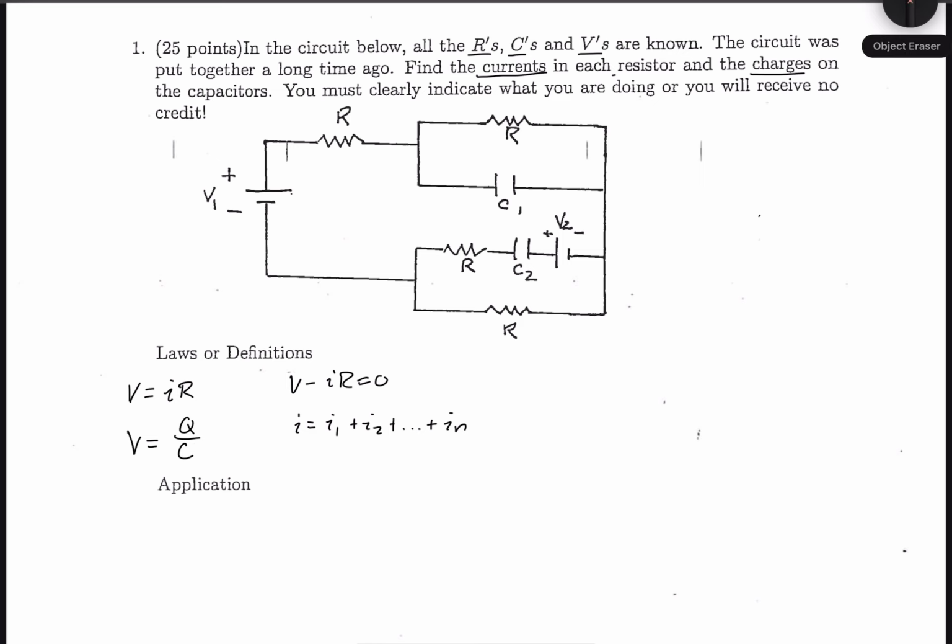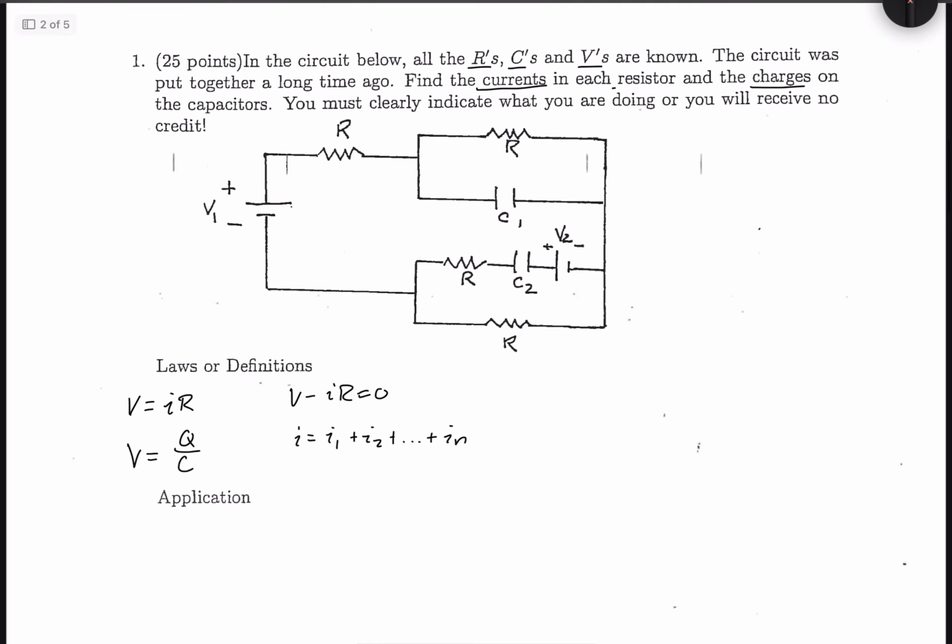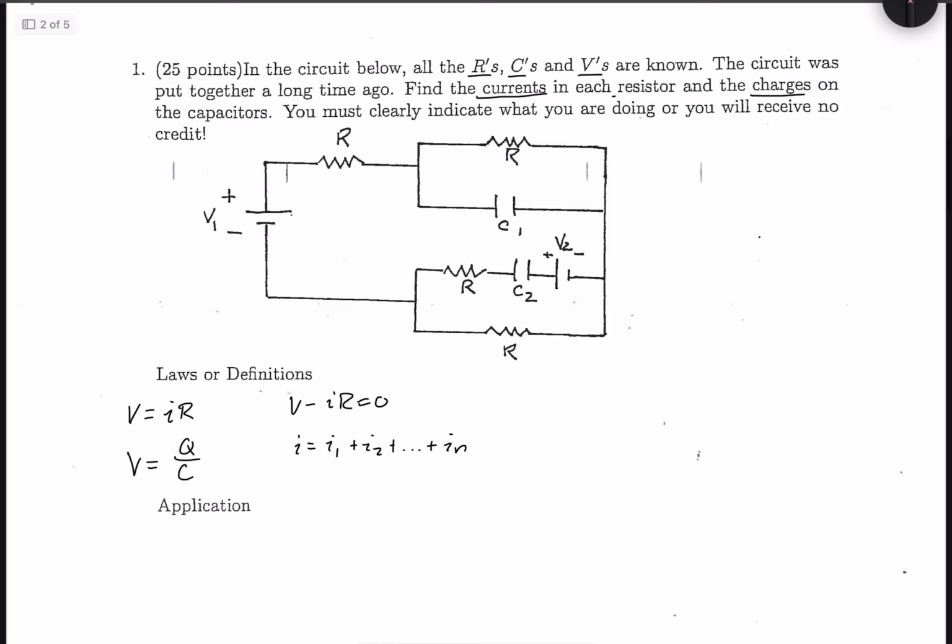So, let us bust this out. Let's start with our first current. We've got a current going from battery 1. It's going to go over resistor 1 and enter this junction. We know that this circuit is in steady state because the circuit was put together a long time ago.